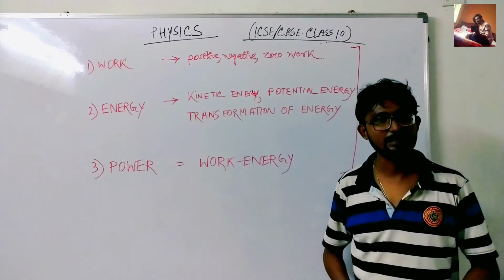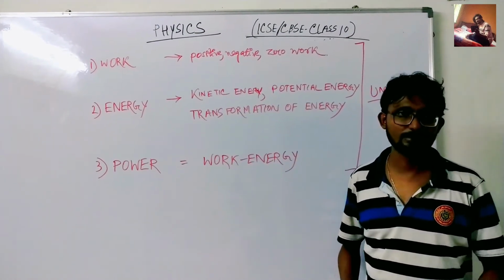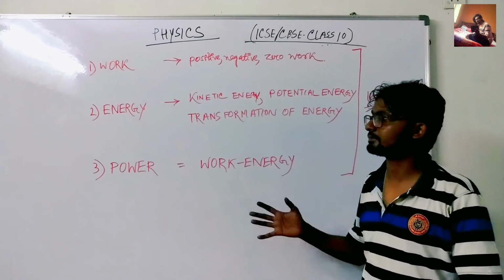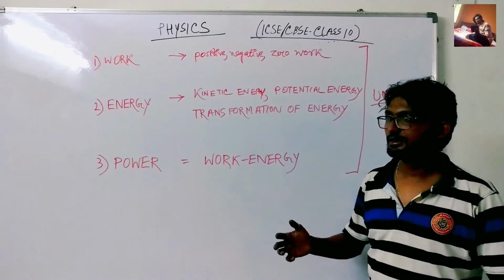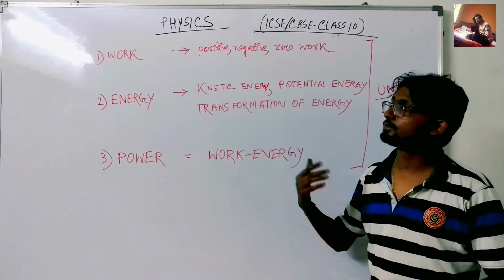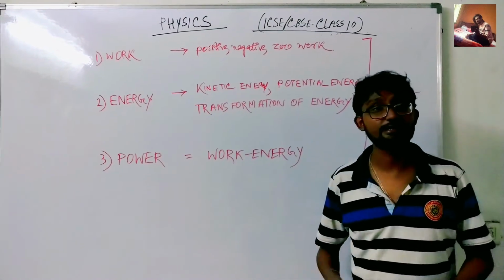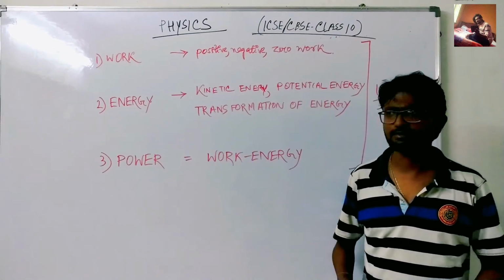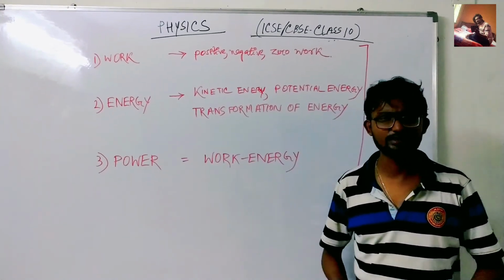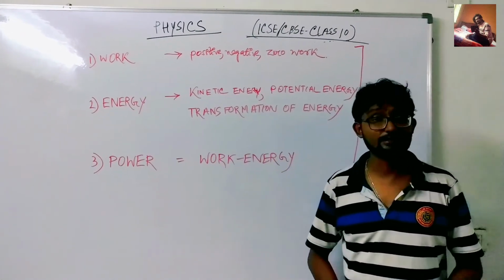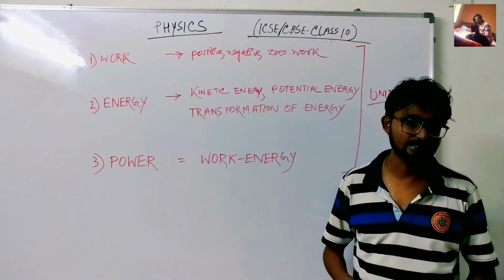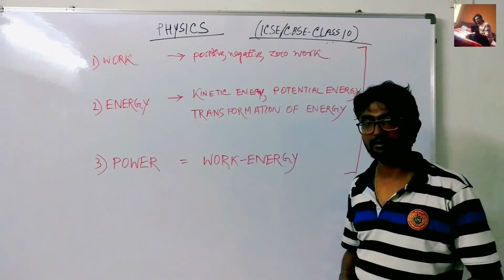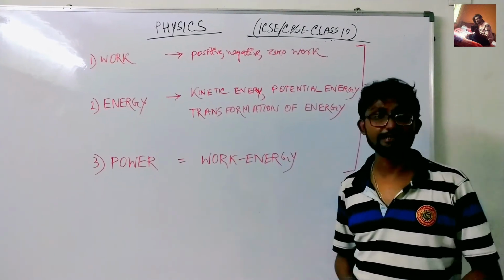I will tell you tomorrow in detail what the units are and how they are related, like how power is related to work, or work to energy, in terms of units. Power's unit is watt, work's is joule. They are all related to each other, and I will solve equations relating to these three entities.